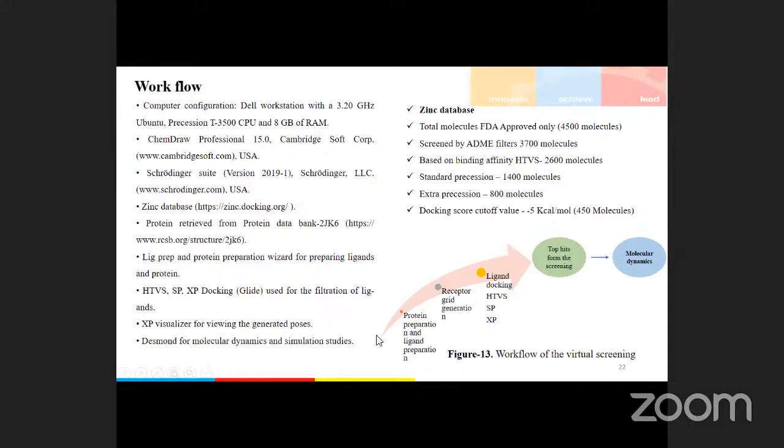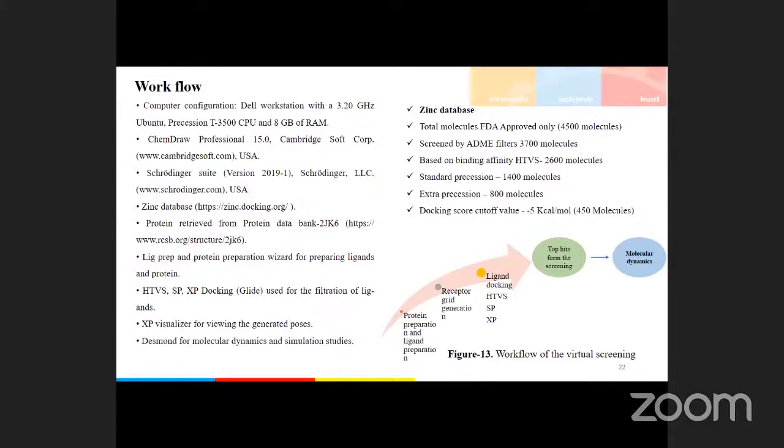I told you, initially we prepared the protein, that is 2JK6, leishmanial tryptophan reductase. The selection of this 2JK6 is also very critical. For that we applied 3 or 4 parameters.